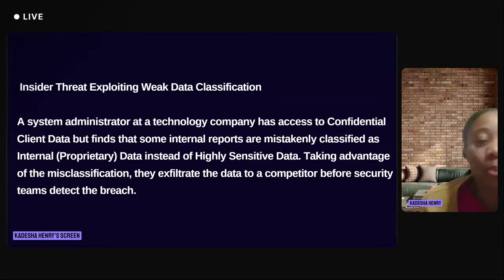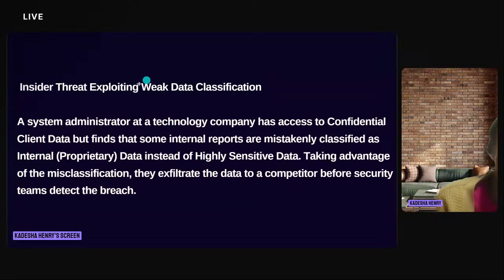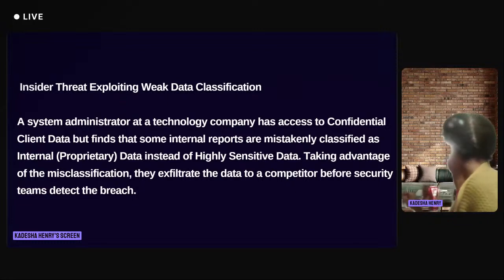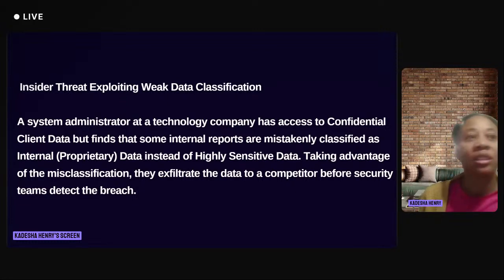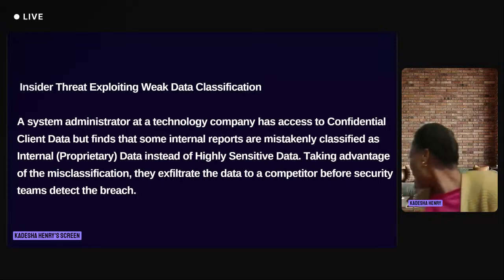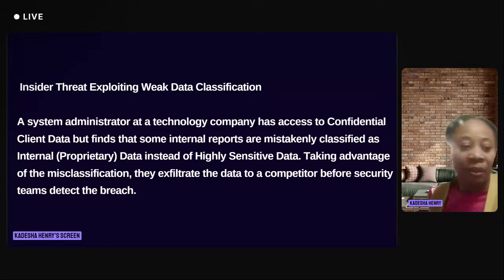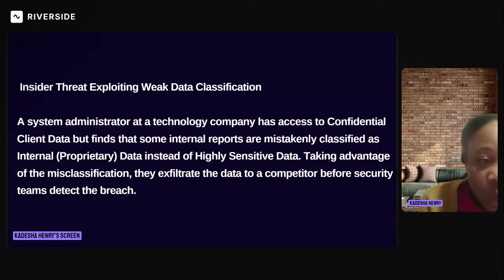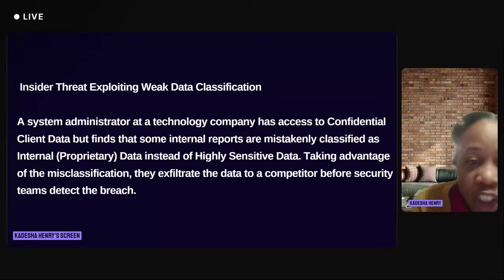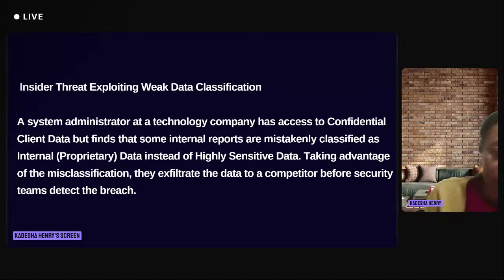So exploiting. The word is exploiting. It's not exploring and it's not exposing. It's exploiting. I think I took off my glasses and I don't know where my glasses are. I'm thinking I'm seeing wrong. So forgive me for that one. The word is insider threat, exploiting weak data classification. That is it. So I'm sorry.